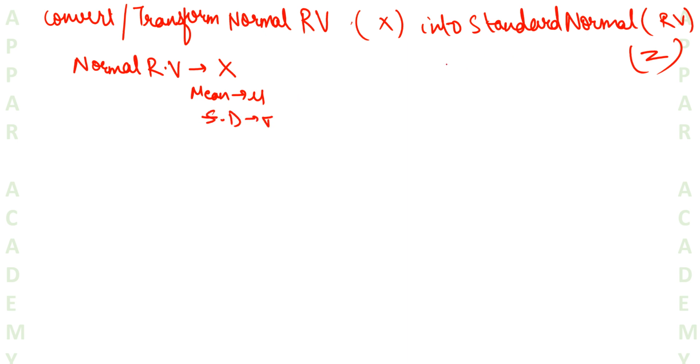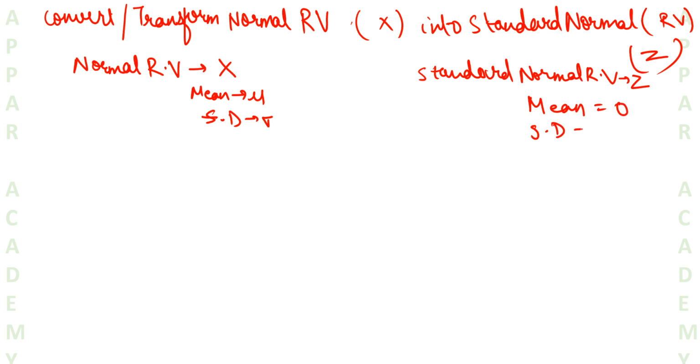Now for z, that is the standard normal random variable, the mean is equal to 0, this we all know, and standard deviation is equal to 1. So all we need to do is transform this x to this z, with the same properties. We need to convert x such that its mean becomes 0 and standard deviation becomes 1.